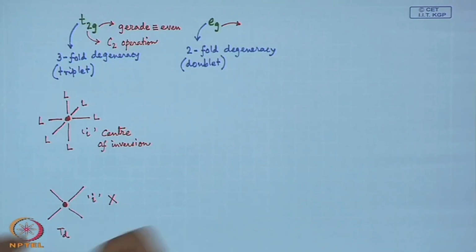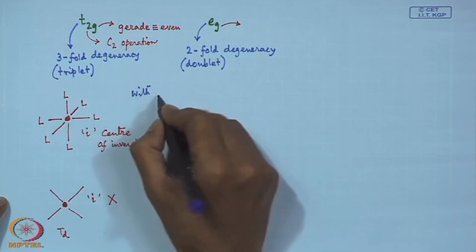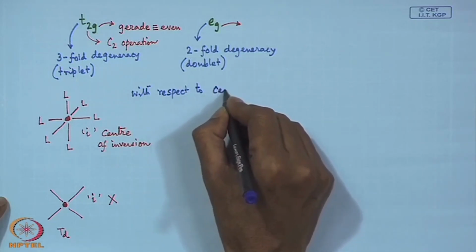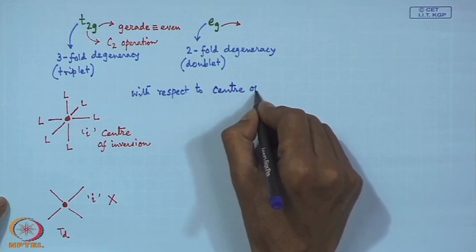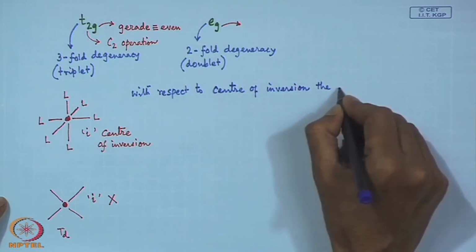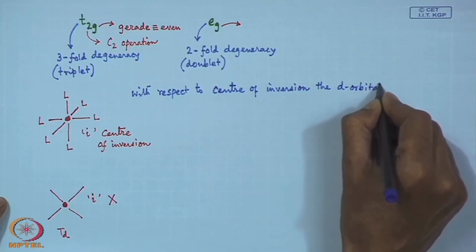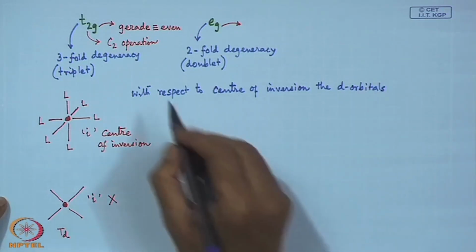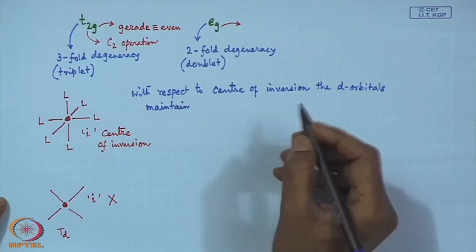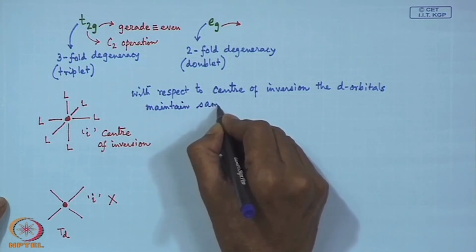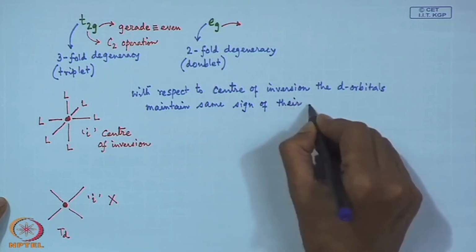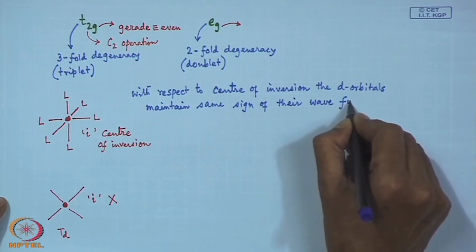So with respect to the center of inversion, the d orbitals basically maintain the same sign of their wave functions.